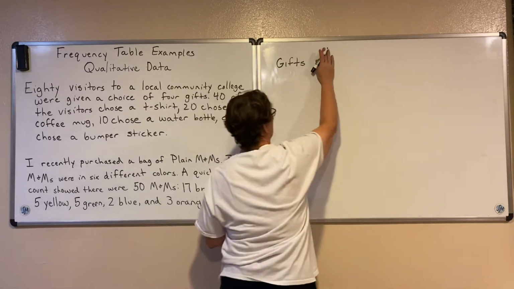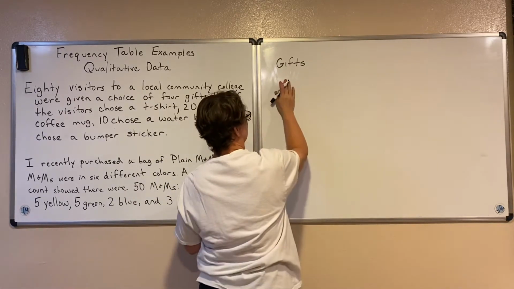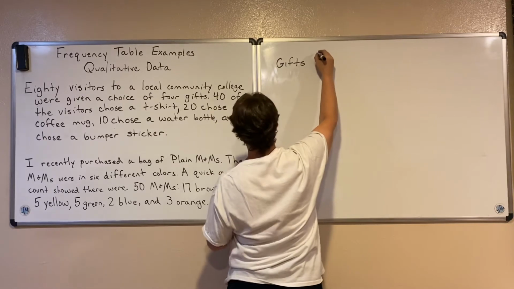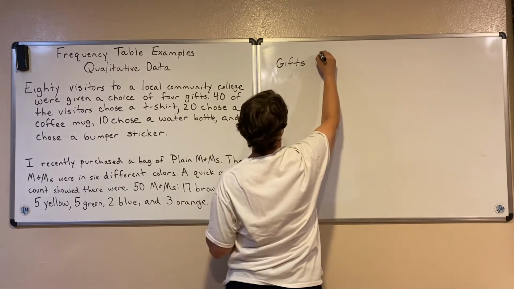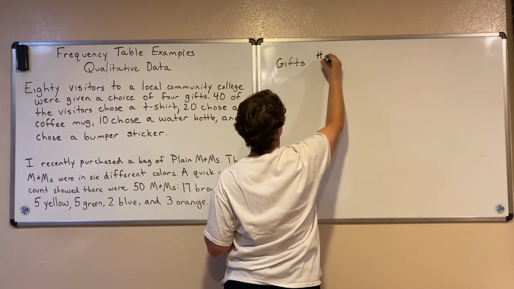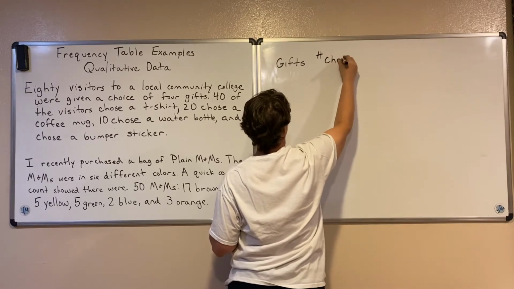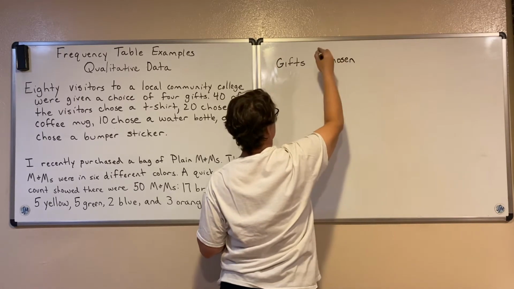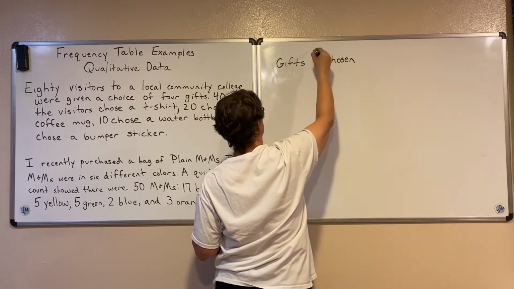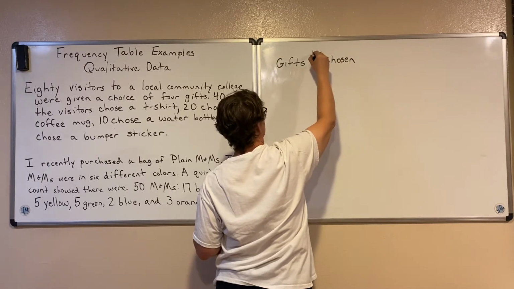So on this side, it's the number of each of those gifts. In this case, it was people that chose it. So we could put number chosen, or the number of people who chose it, or number of people.